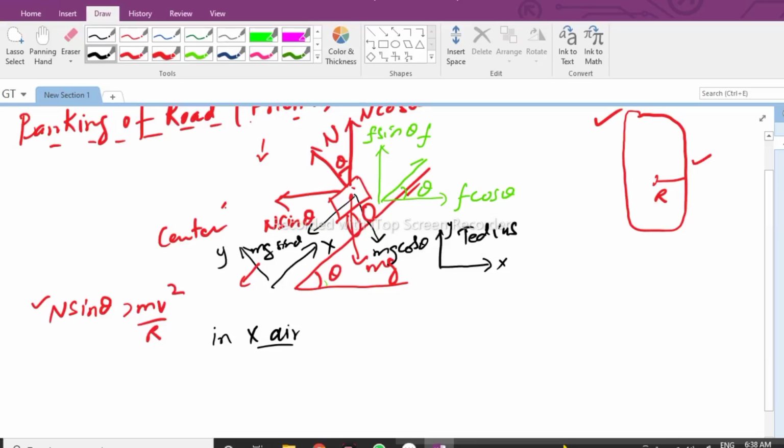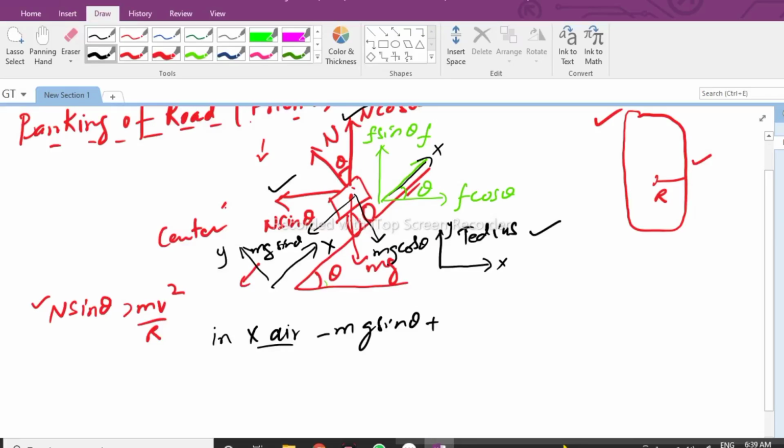After writing all the forces, we need to write the forces in the x and y directions. I will consider this as the direction here, since we have resolved these vectors like this, no?